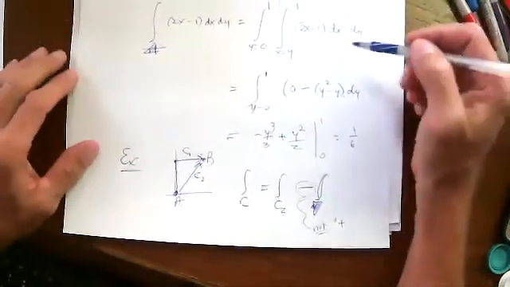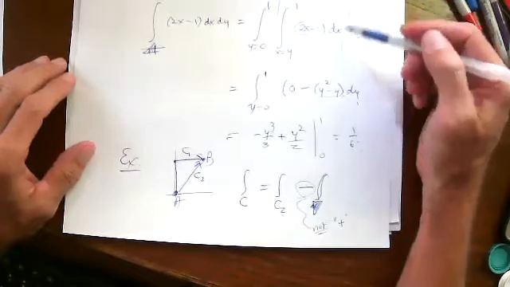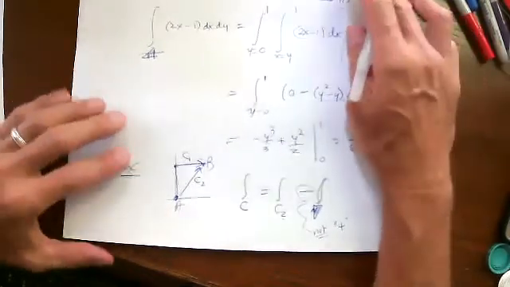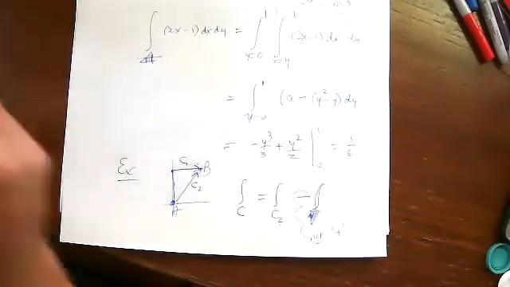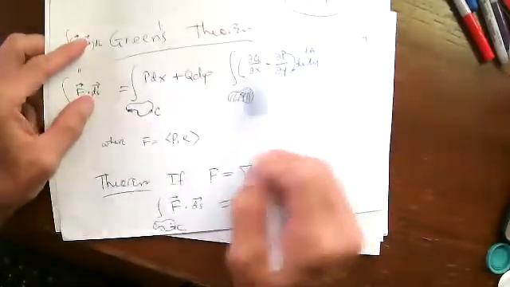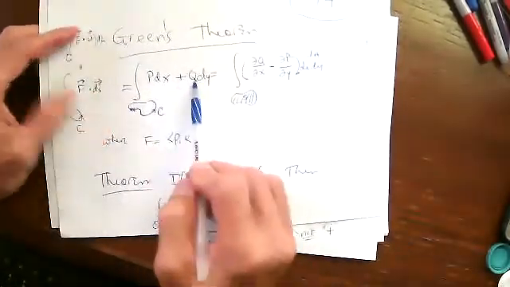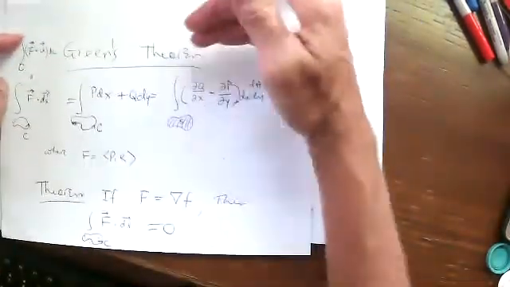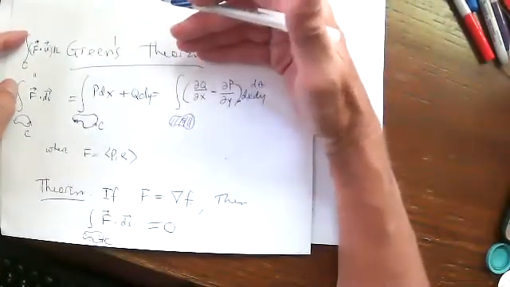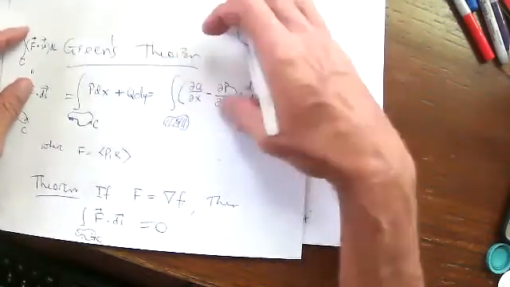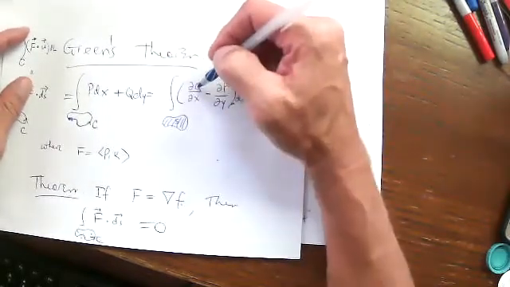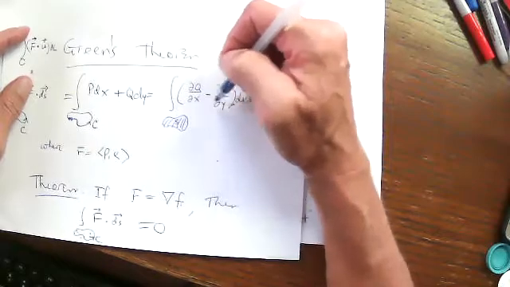Now, the next thing that I want to do is to show you how I can change at least the notation for Green's theorem. Green's theorem has stuff you've got to remember. This side looks fine, and we have alternative ways of writing out the line integral. But on the surface integral side, I will confess, I sometimes have trouble remembering: do I put the Q first or the P? Do I put the x first or the y?